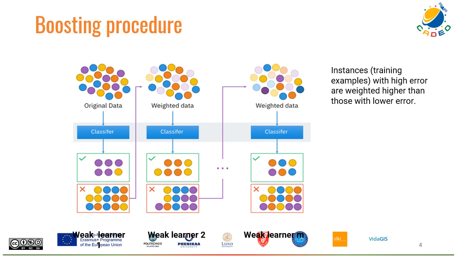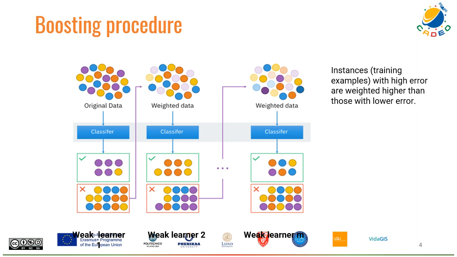In the boosting procedure, instances or training examples with higher errors are given higher weights compared to those with lower errors. The process typically involves the following steps. The first weak learner is trained on the original dataset with each instance carrying equal weight.